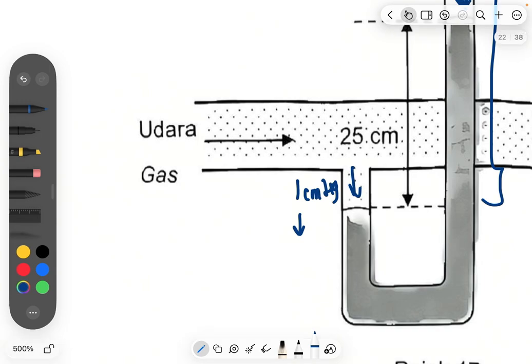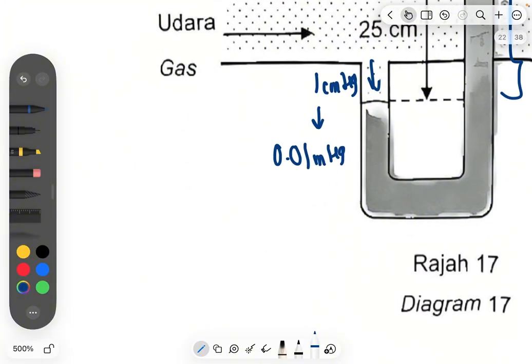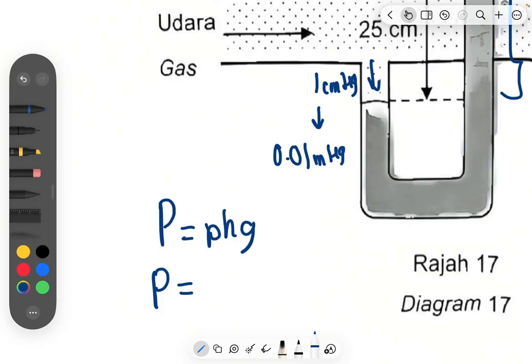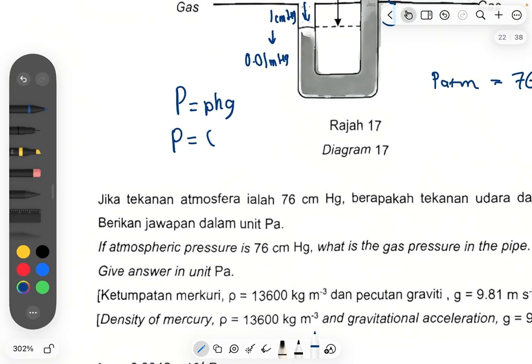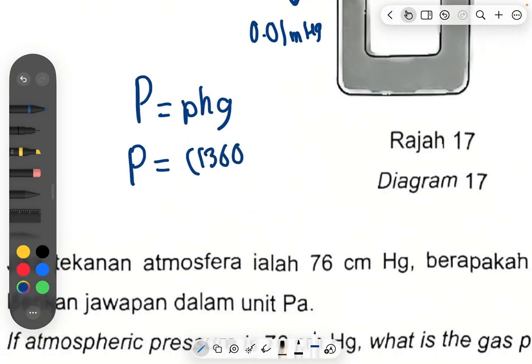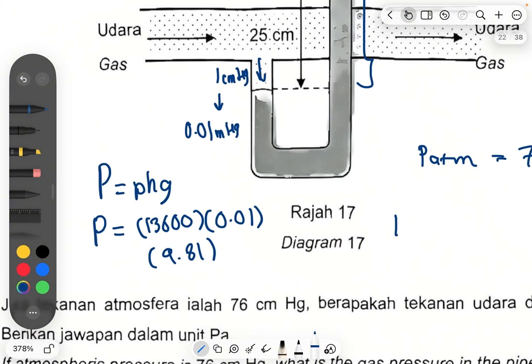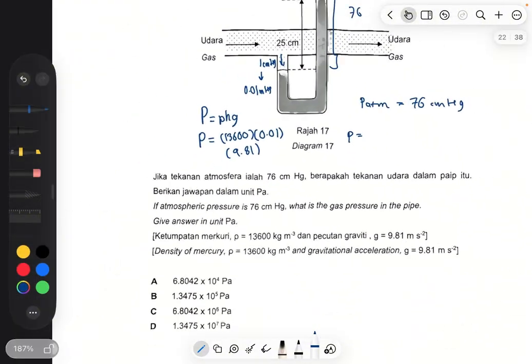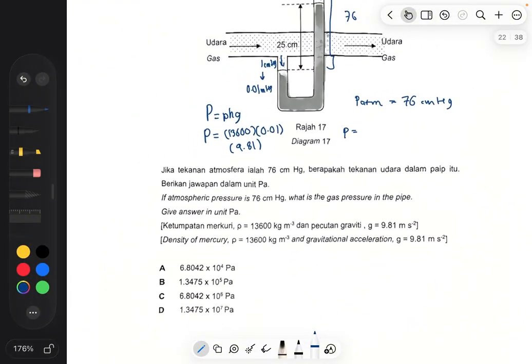I convert to meter. I get 0.01 meter Hg, and I convert to Pascal. P equals rho g h, with the density of mercury 13600, times 0.01 times 9.81. 1334.16.